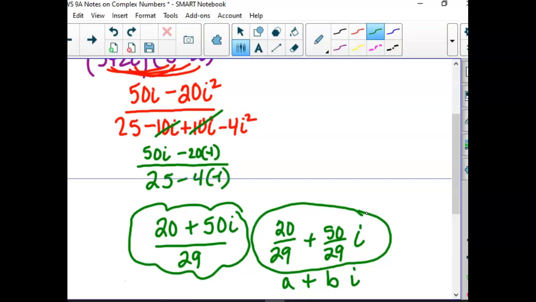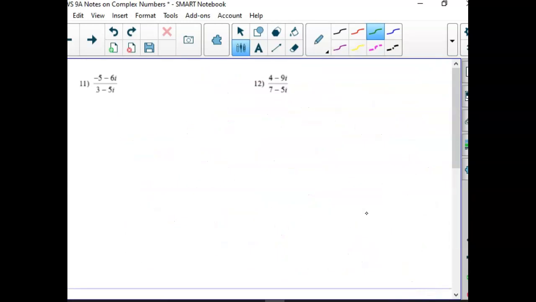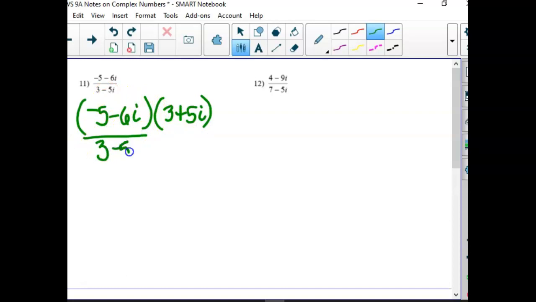What's the conjugate going to be? Okay, negative 5 minus 6i on the top. It's multiplied by a 3 plus 5i, because that's the conjugate of the bottom. Okay, start foiling.